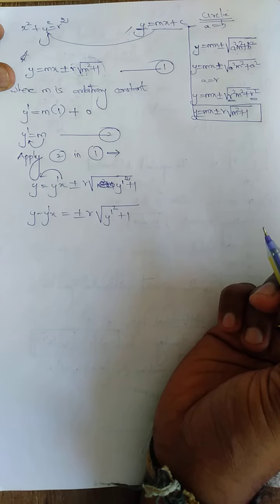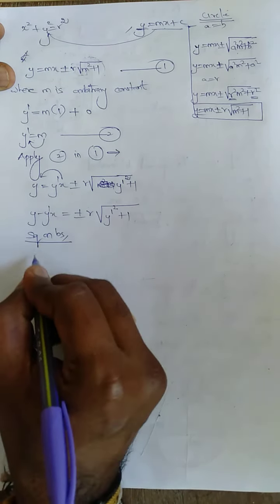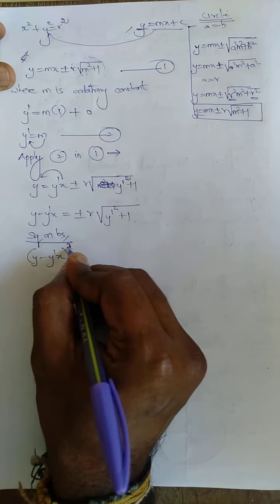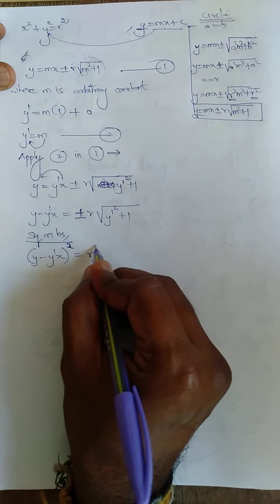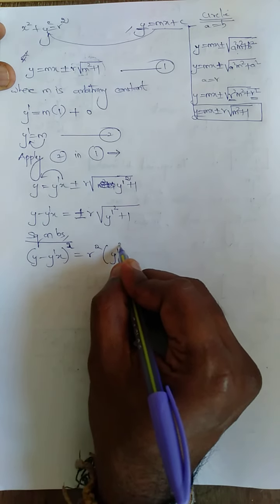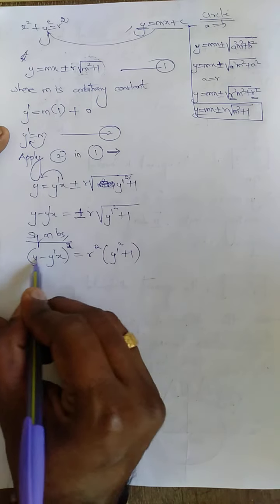The sum is going to become very easy for you. Squaring on both sides, y minus y dash x the whole square. Whether plus or minus, the square becomes plus, no problem. It equals r square times y dash square plus 1. If you check the answer given, the two terms may be interchanged.